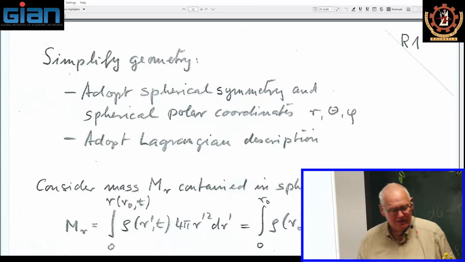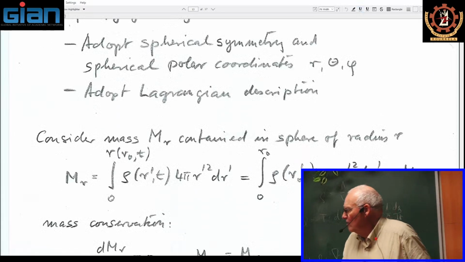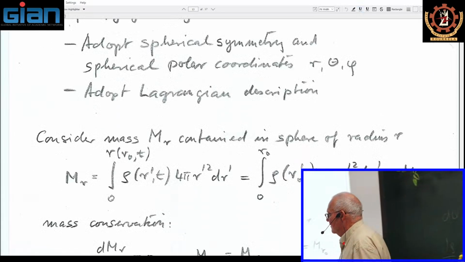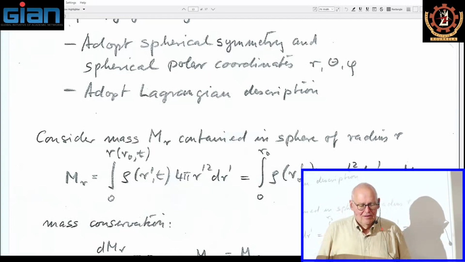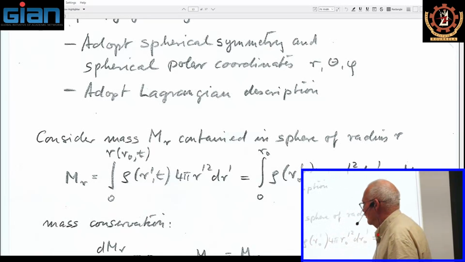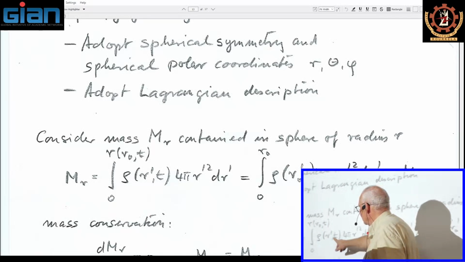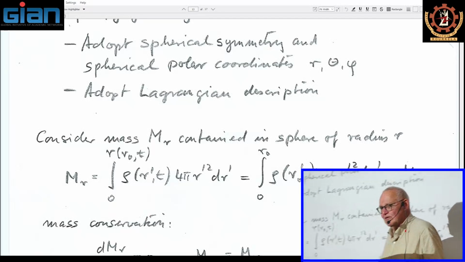How is it done? The mass inside a sphere of radius r, M(r), is a function of r0 and t, and is the integral of density over the volume element.